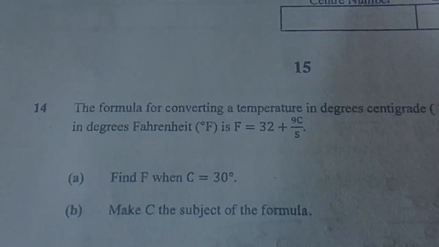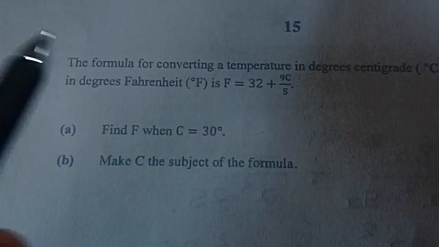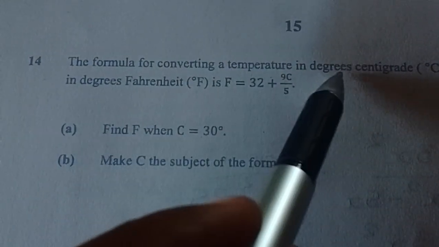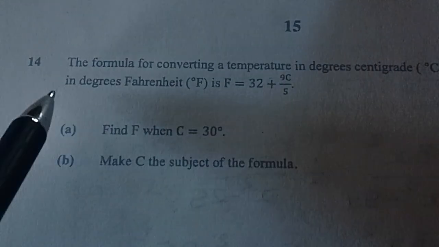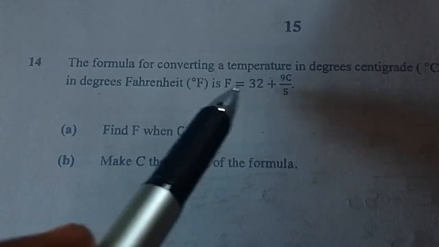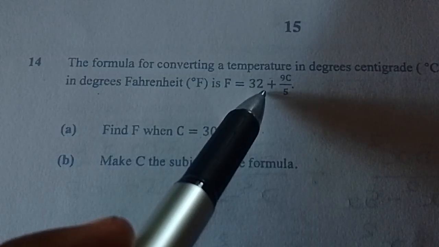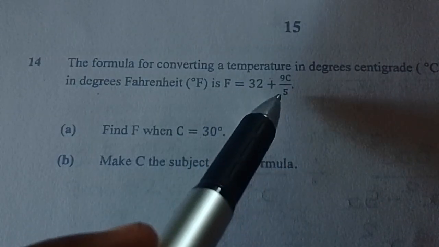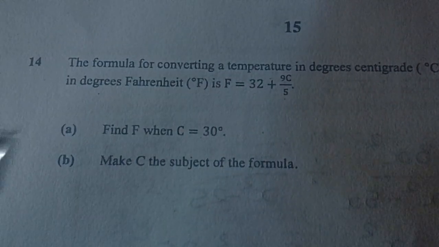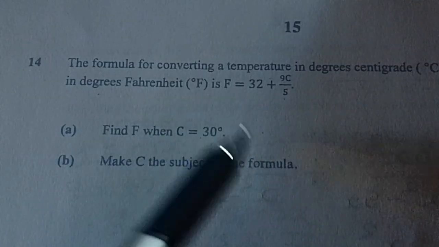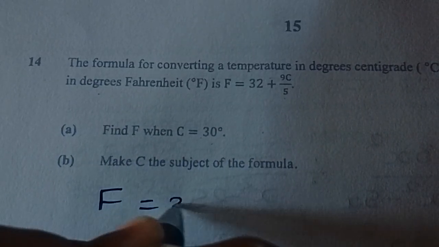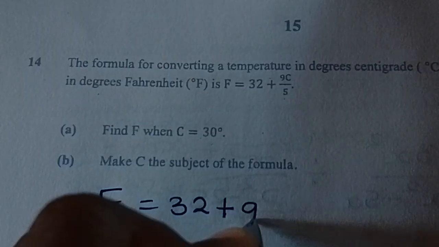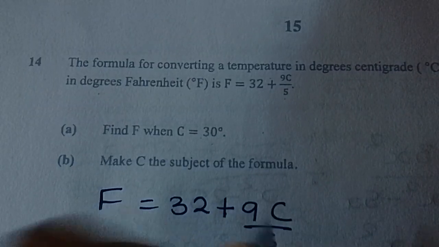Right, number 14. The formula for converting a temperature in degrees centigrade to a temperature in degrees Fahrenheit is F is equal to 32 plus 9C over 5. Find F when C is equal to 30. So we have our formula F is equal to 32 plus 9C over 5.